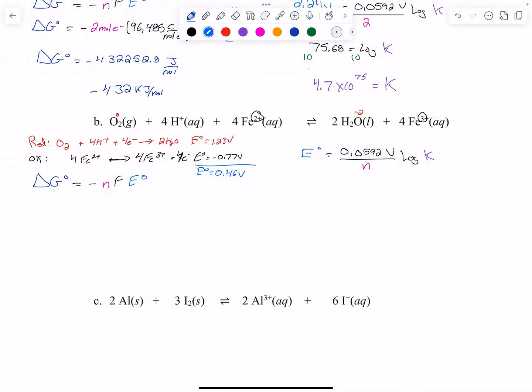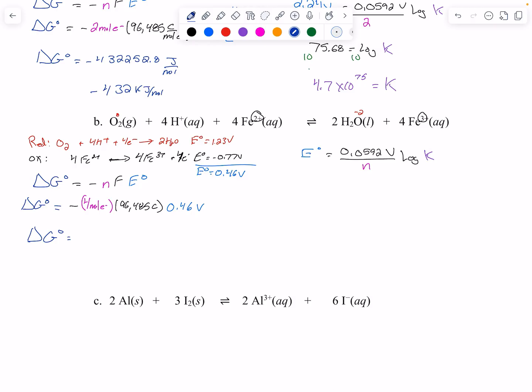All right, so now delta G is negative, and what's n? Well, n is 4. And of course we got our 96,485 coulombs and our 0.46. So delta G is what?